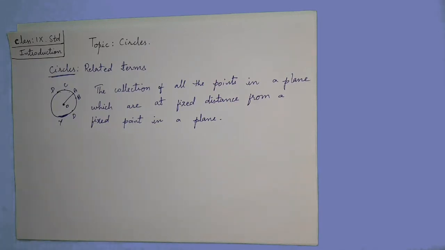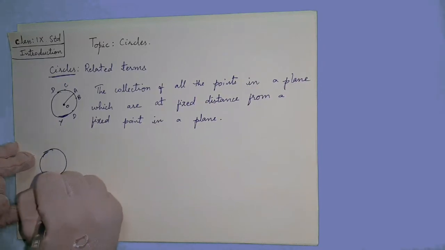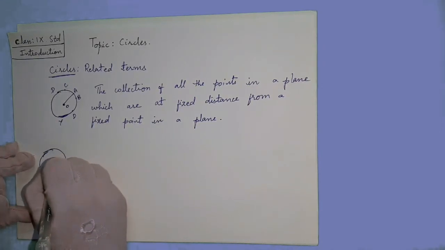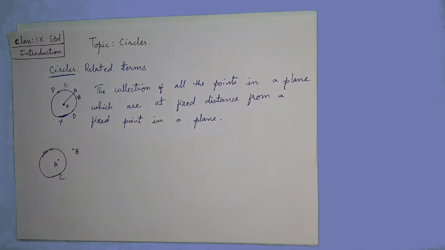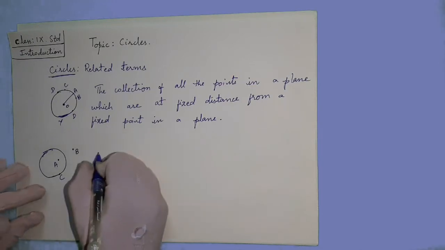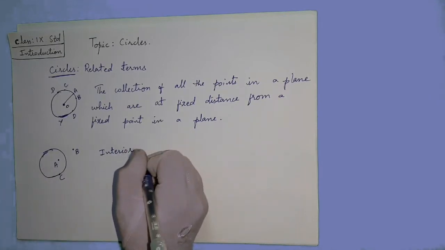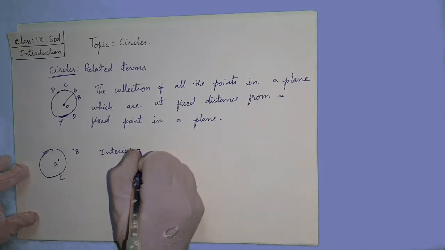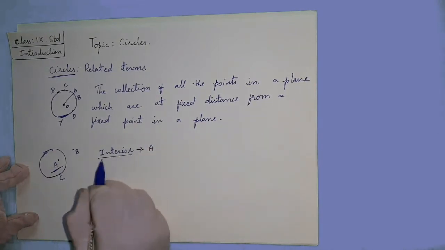Now we will see one by one what the terms related to a circle are. When we talk about a circle, it will have three parts on a plane. If you take points on the circle, say point A, point B and point C. The point A is lying inside of the circle, that's why we use the word interior.